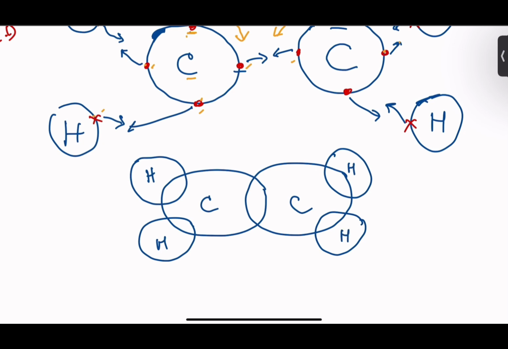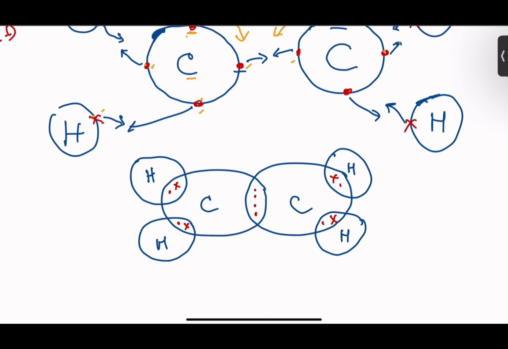If you look here, 1 electron is shared by hydrogen, 1 is coming from carbon, and then I have here 1, 2, 3, 4.